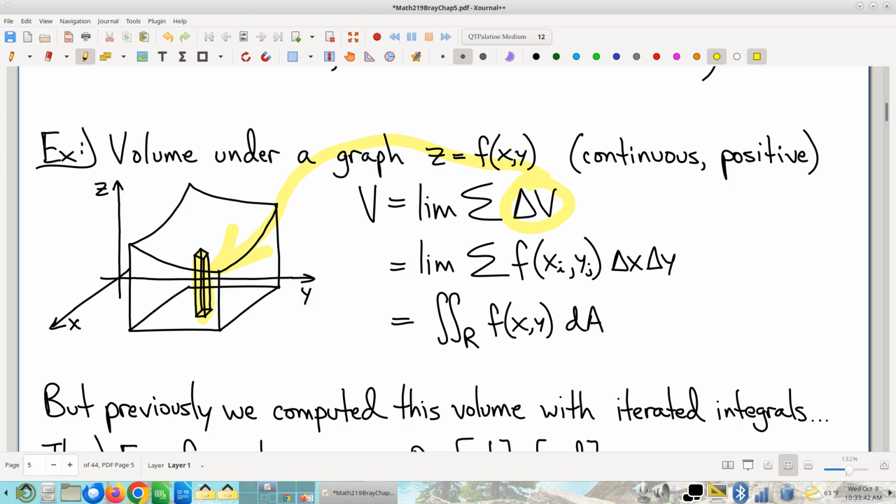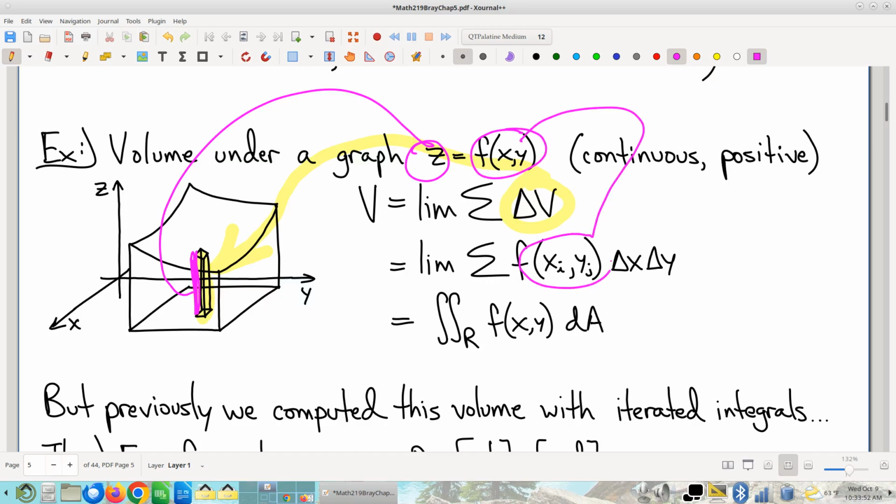And I think it's a pretty easy pitch that volume is the height, namely z, namely f of x, y, times the area of this little piece of my domain, and we already decided that areas of little pieces of the domain, that's delta x, delta y, and then lo and behold, it just worked out really nicely.